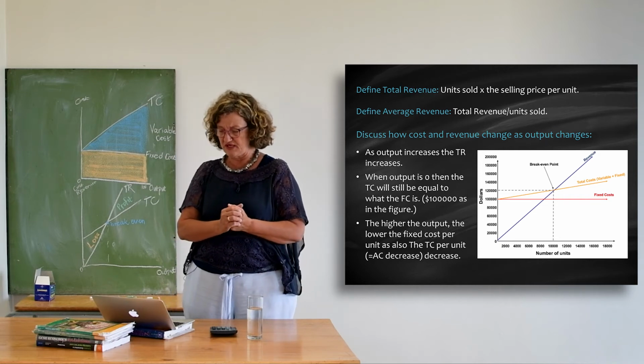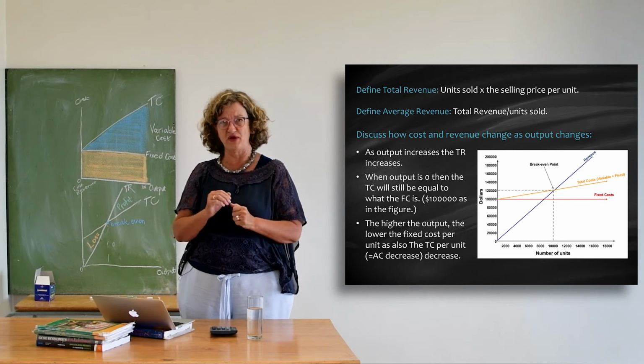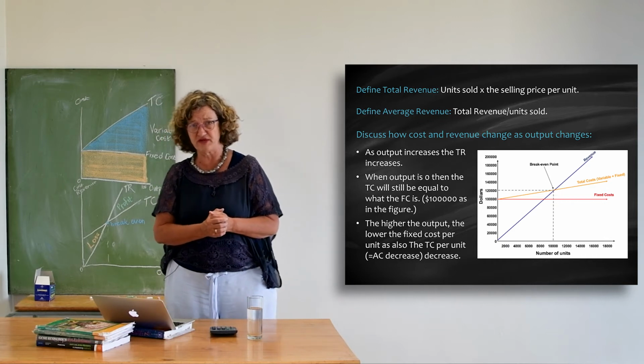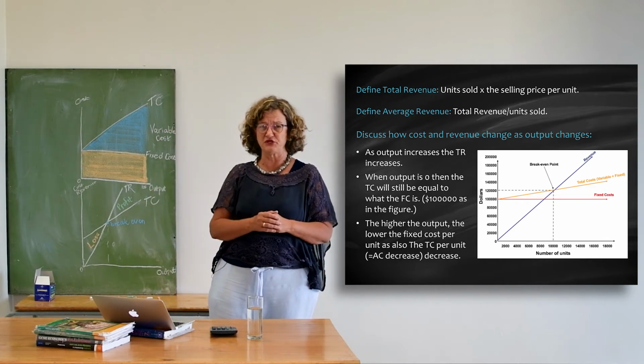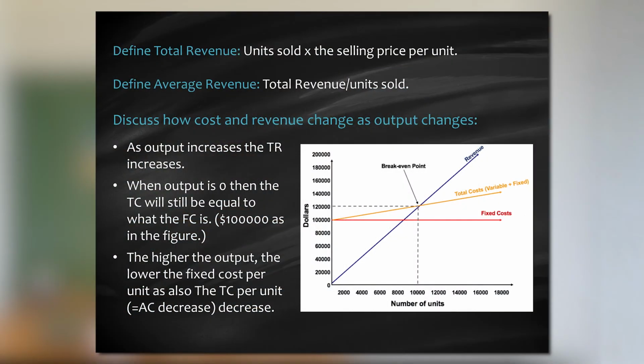Okay, so now the next calculation will be your average revenue. You just take that total revenue, divide it by the units, and you get your revenue per unit, your average revenue. Now, if you look at that, you will also understand that the average revenue is actually equal to your price per unit.